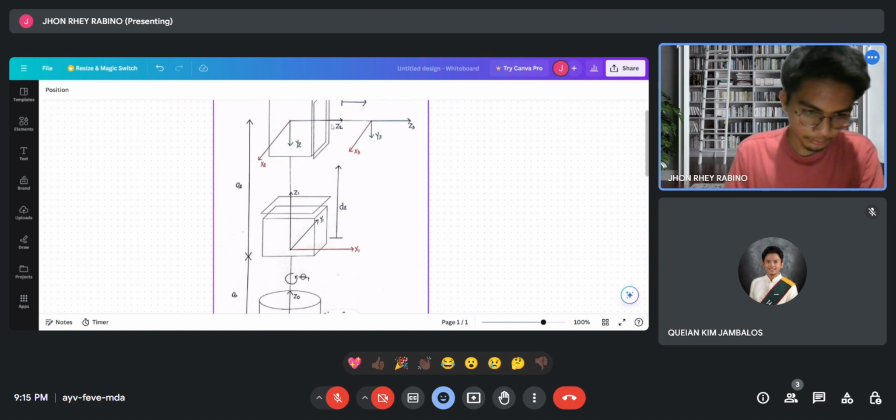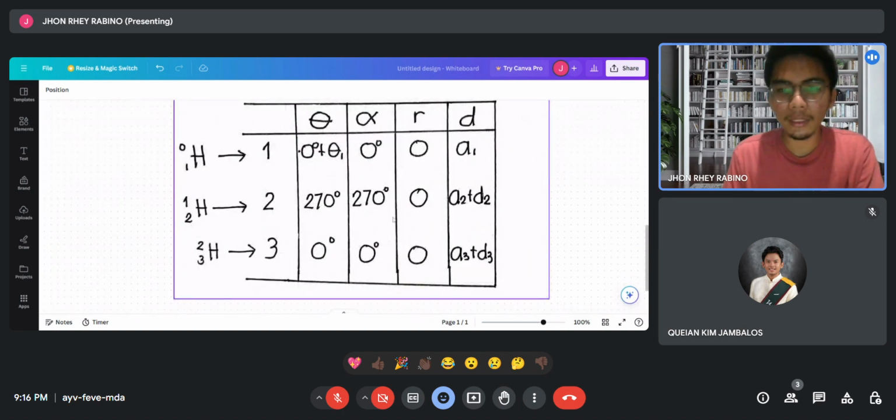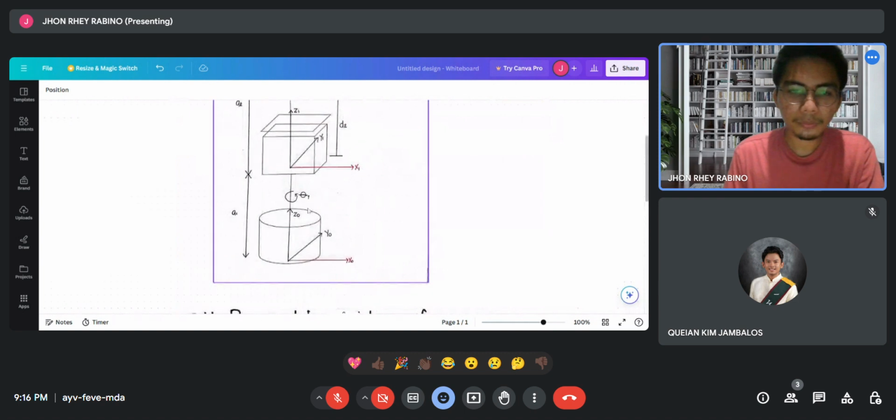We will rotate x sub 2 to make z sub 1 the same course as z sub 2. The direction of the rotation will be counterclockwise, and it will apply 270 degrees.